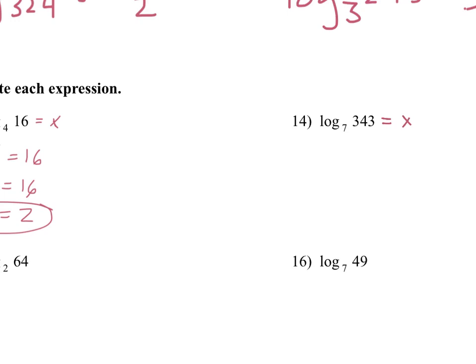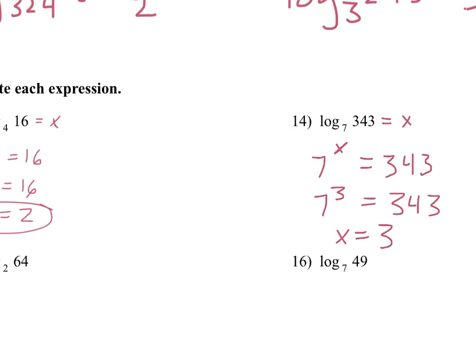Next, number 14, we're going to say 7 raised to the x is equal to 343. 7 raised to the third power is 343. So we know that x is equal to 3.